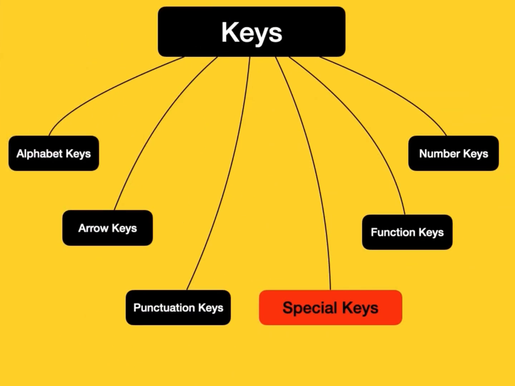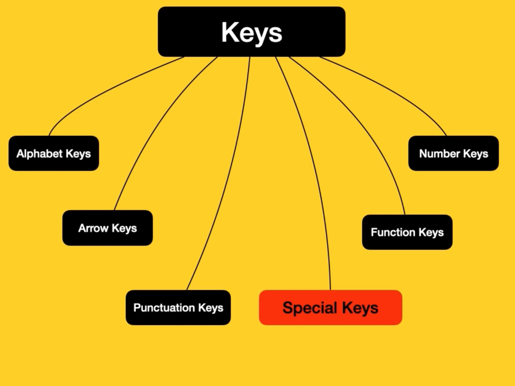The keys on keyboard are basically categorized in 6 parts: alphabet keys, arrow keys, function keys, punctuation keys, number keys, and special keys. And further, special keys are classified into different parts like enter key, shift key, caps lock key, delete key, spacebar key, backspace key, and control key.